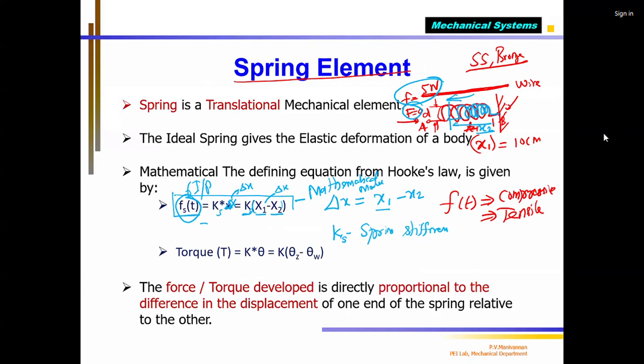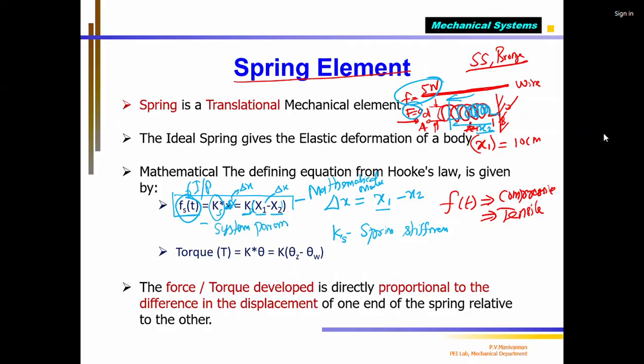Now, in mechanical systems, a simple component like a spring can be considered as a system or a machine. Multiple components connected can also be considered a machine. How you define it depends upon what you are looking at. So if you consider the spring as a mechanical system, Ks is called the system parameter. Note down this word, system parameter.